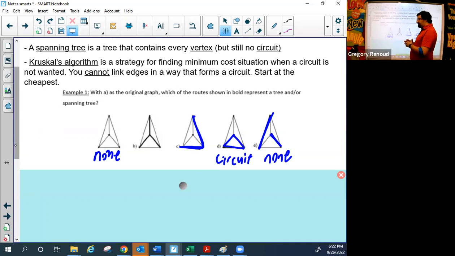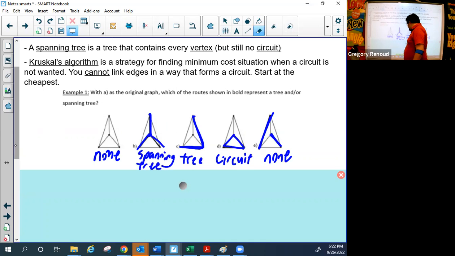It's connected as one piece, but it doesn't form a circuit. B is really what we're after. This is a spanning tree. And the reason it's a spanning tree is because, like C, it's connected, but it hits all the vertices and still makes no circuit.